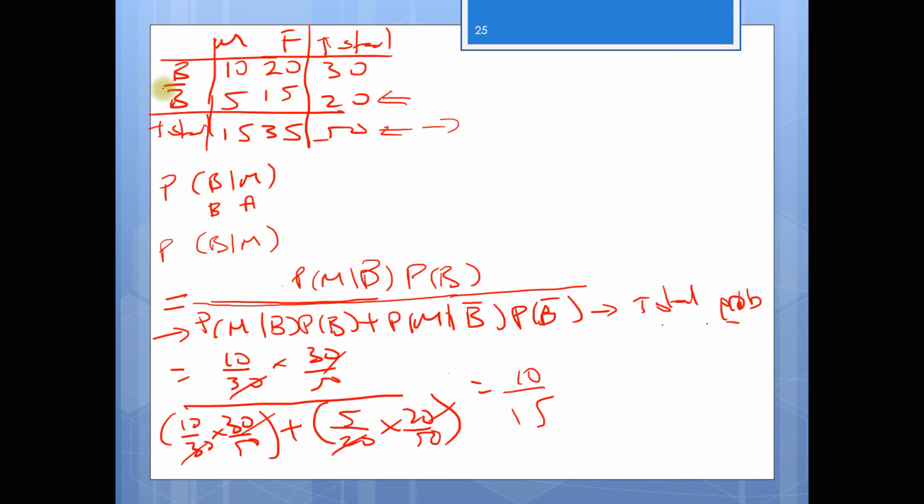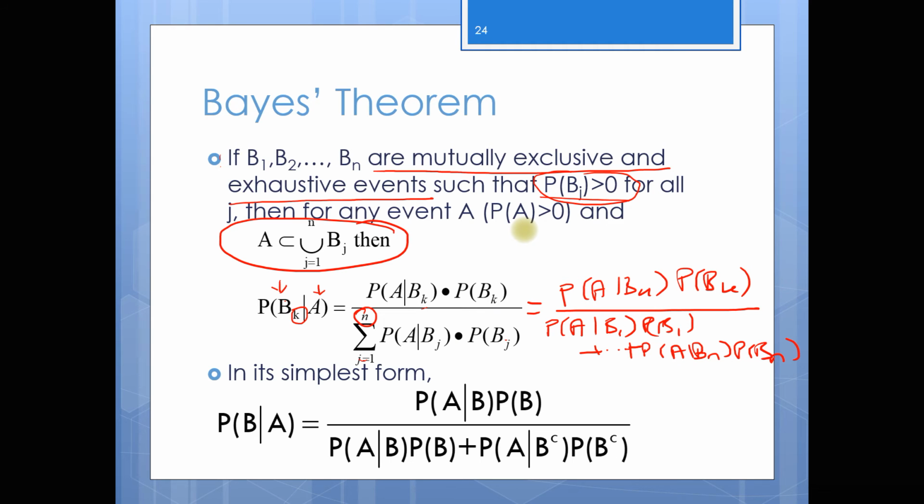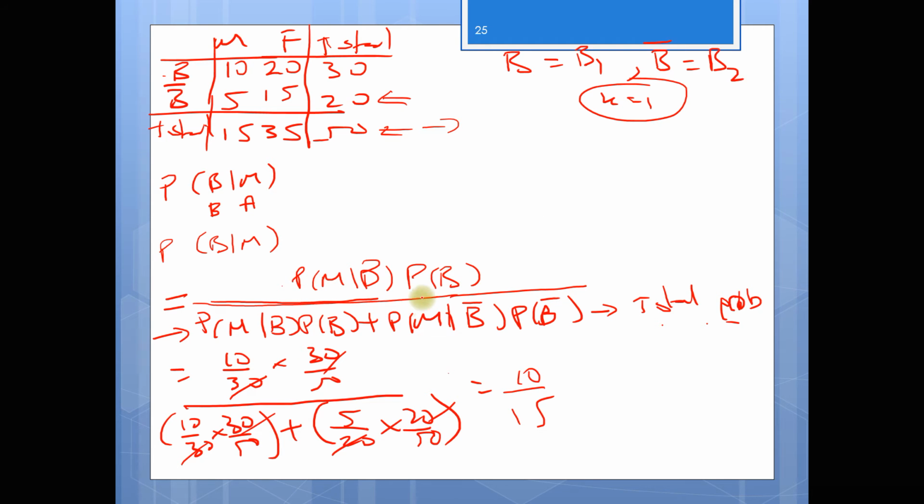If we define B as B1 and B dash as B2, then our K is equal to 1, for example. I'm not going to write it down, but I'm showing you the analogy, to see that what you see in the formula is the same as what you are seeing here.